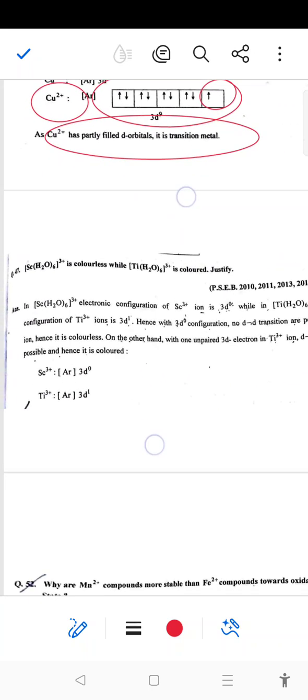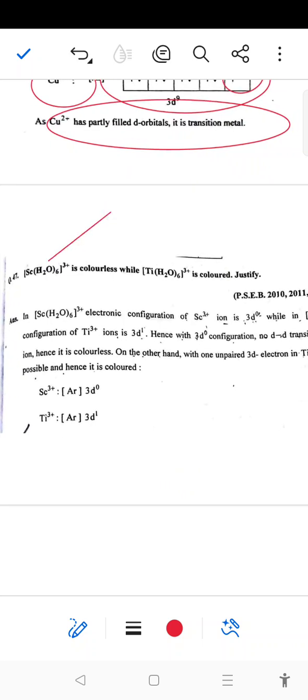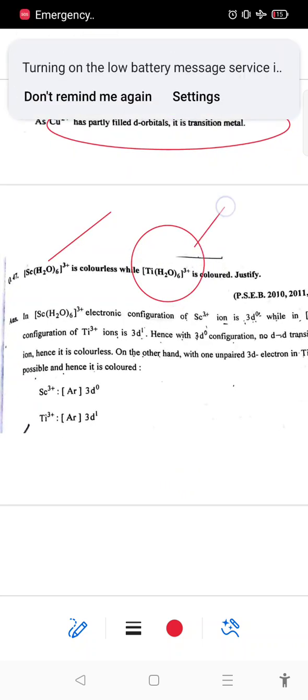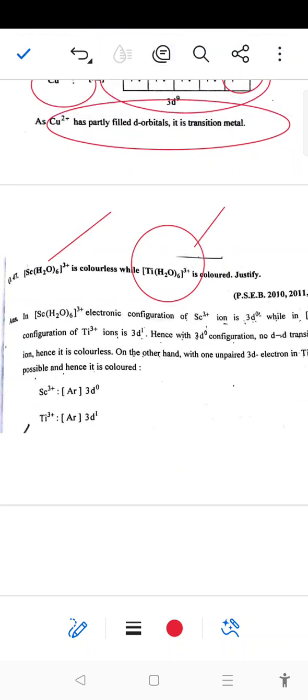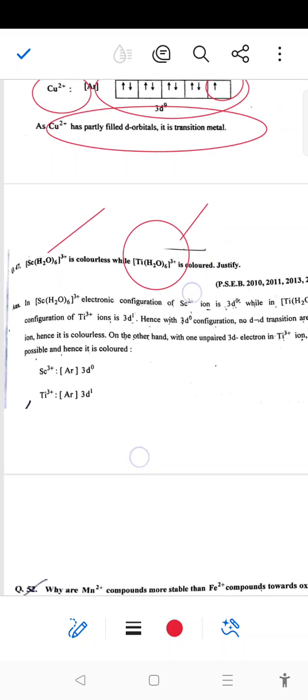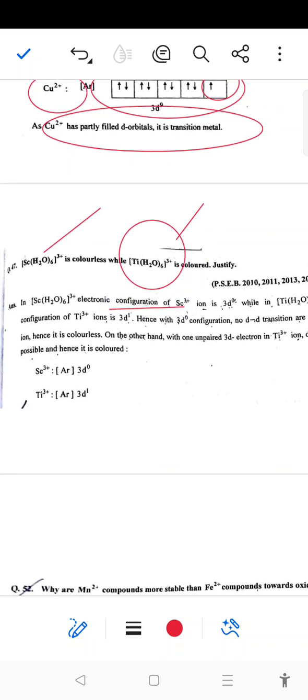Next question, scandium water 6 3 positive is colorless and titanium water 6 3 positive is colored. Justify your answer. In the case of scandium 3 positive, the electronic configuration is 3d0, and titanium 3 positive is 3d1.